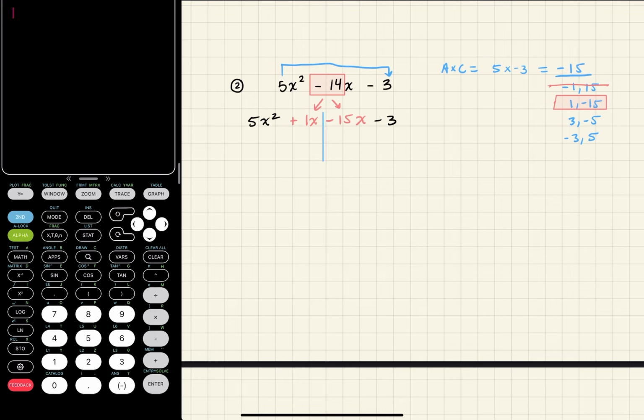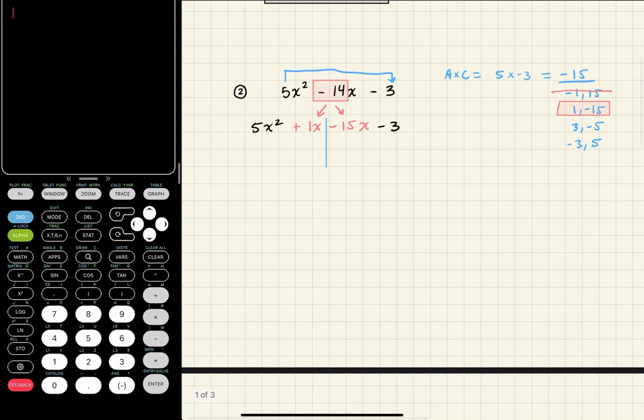The first group, it looks like they have an x in common. That'll leave us with a 5x plus 1.